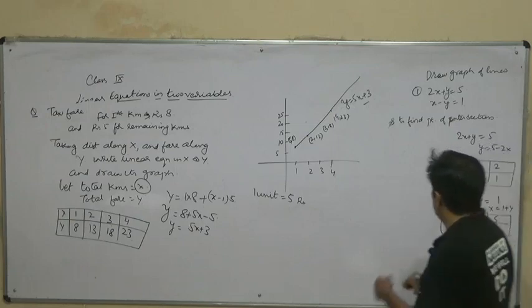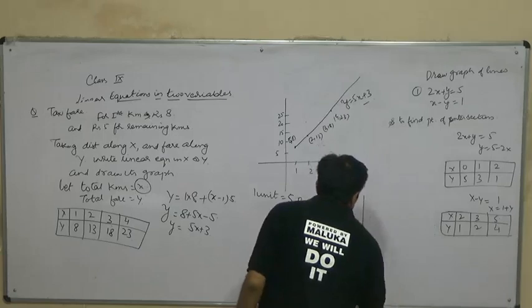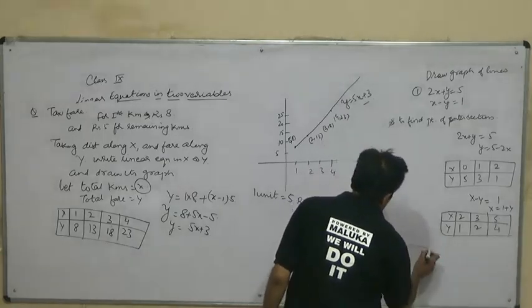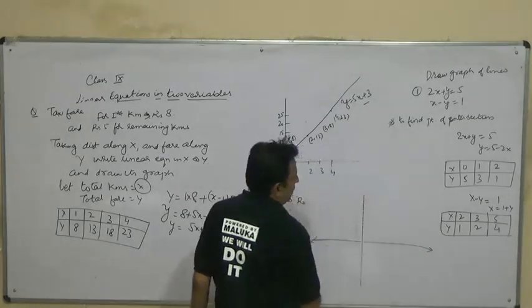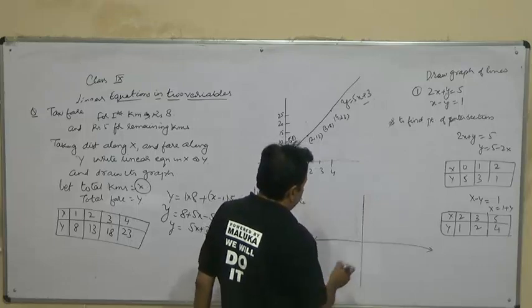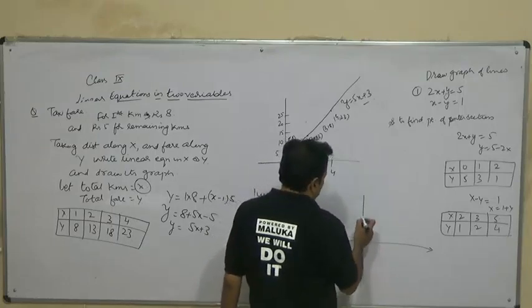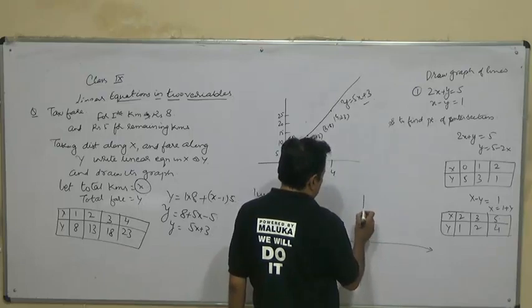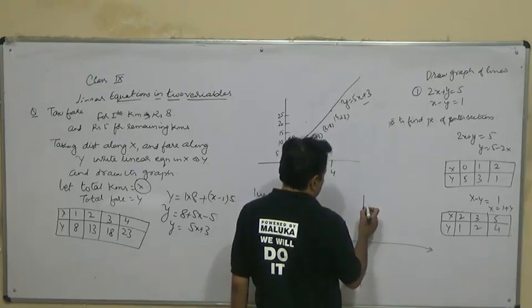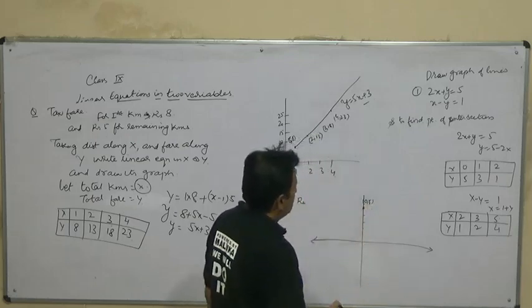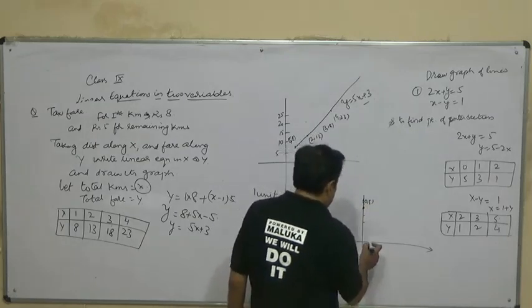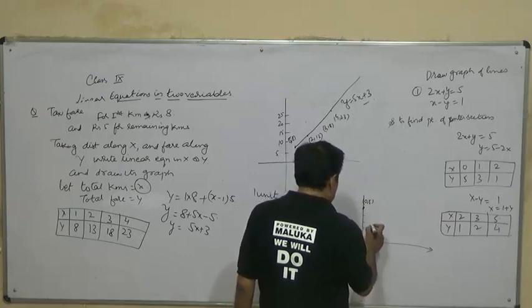Now we will plot these two lines. 0, 5. x is 0, y is 5. 1, 2, 3, 4, 5. So this is 0, 5. Then next is 1, 3. So this is 1 here and this is 3.